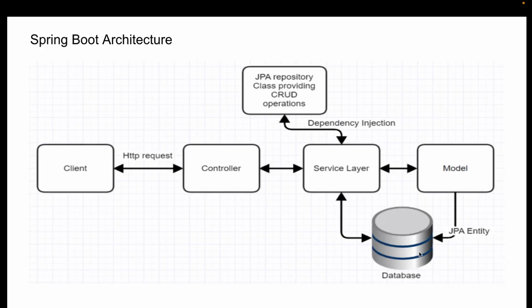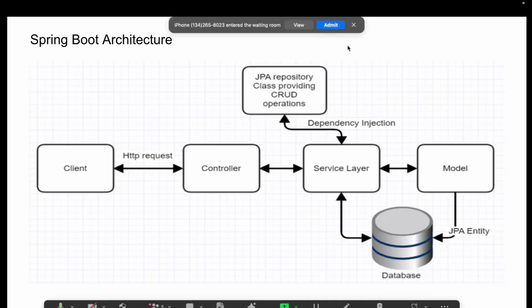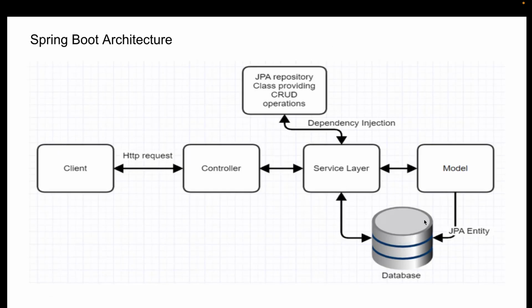This service layer will basically talk to the database and fetch some information from the database. Let's say those employee details were available in the database. So this service layer has communicated with the database and it has retrieved the information of that particular user.